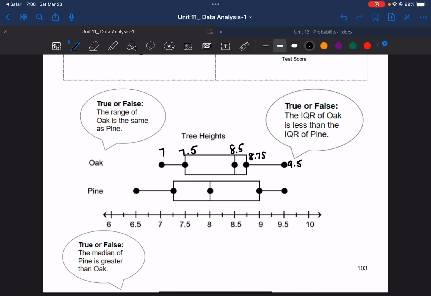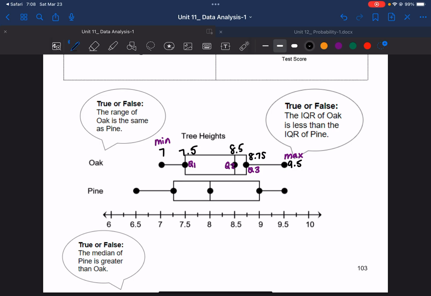Again, just so that we have it as well. This is minimum, this is maximum, this is quartile 1, quartile 2, quartile 3.